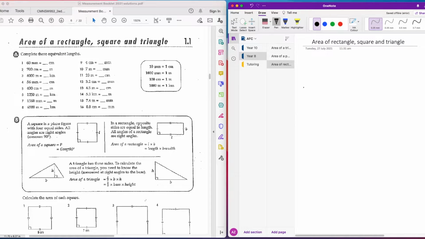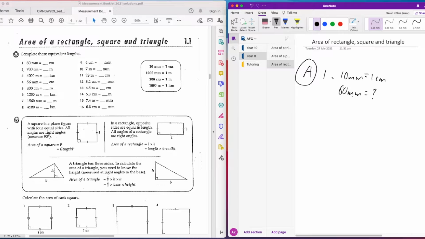Let's take an example. For section A, let's do question 1. Question 1 says, how do you convert 60 millimeters to centimeters? What you can refer to is this little table here. In this table it says 10 millimeters is equal to 1 centimeter. So if 10 millimeters is equal to 1 centimeter, how many centimeters is 60 millimeters?